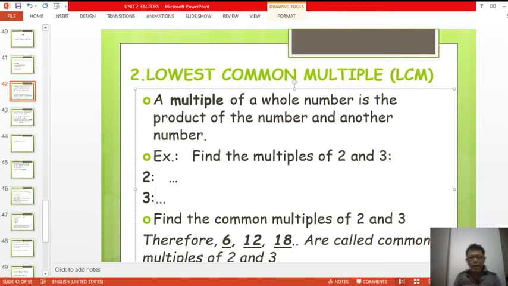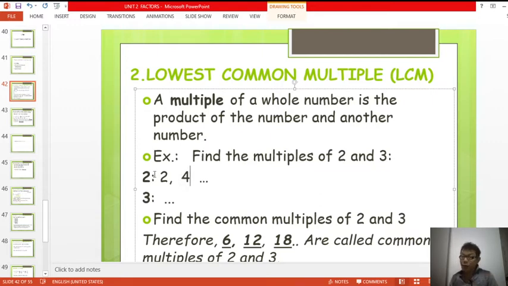So how are we going to apply this? You say by listing. So you start with 2 times 1. Remember, you go from 1 until your desired number. So here I will start with 2 times 1, so that's 2. Then 2 times 2 is 4, right?